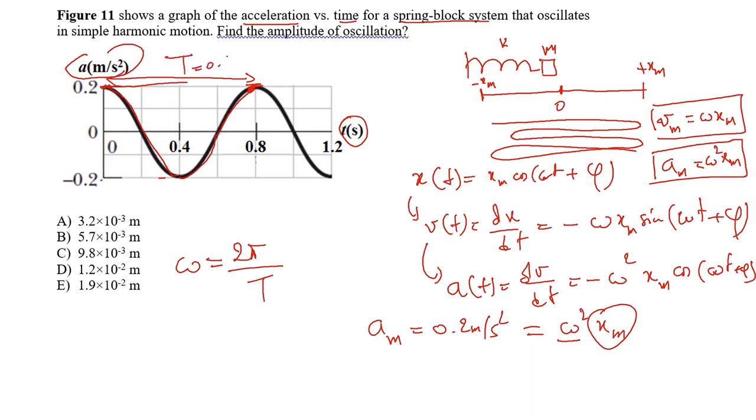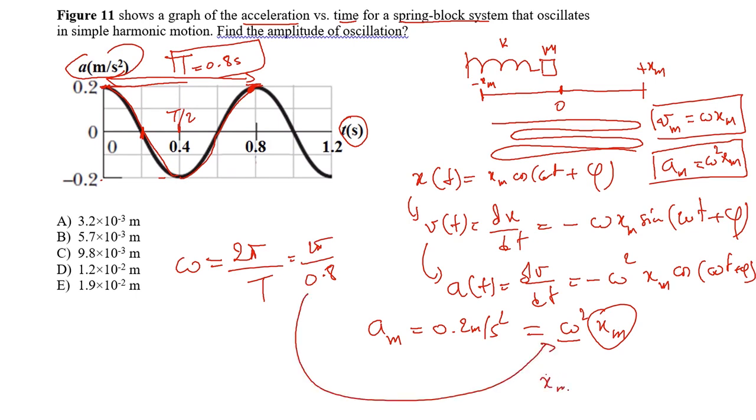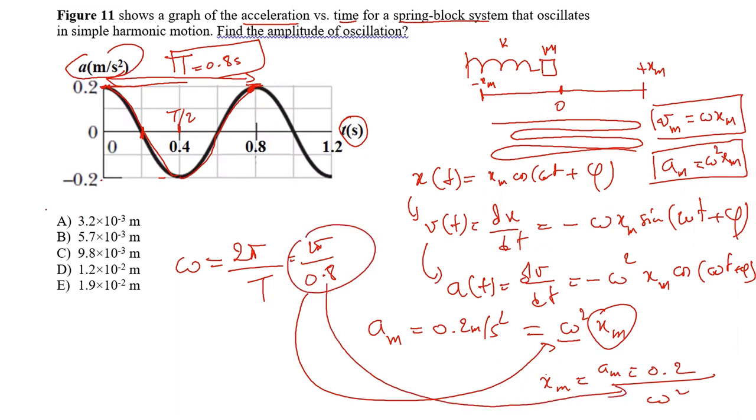The period is 0.8 seconds, 0.4 seconds is half the period, and 0.2 is 1/4 of the period. So omega is just 2 pi divided by 0.8 seconds. I plug it in, so xm is just A max, 0.2, divided by omega squared. Then I do the calculation and get my answer.